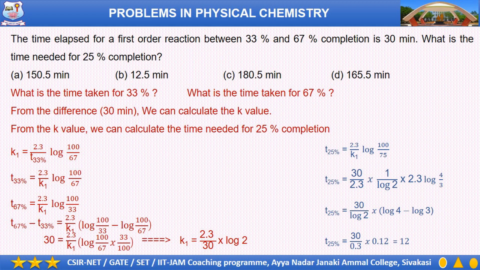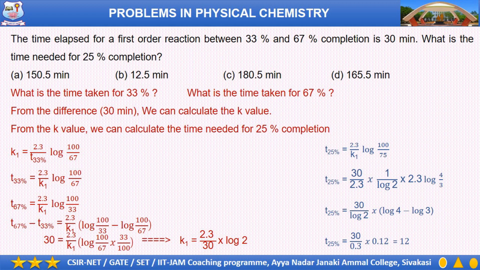What is the value of log 4? 0.6. And minus log 3, 0.48. What's the difference? 0.12.